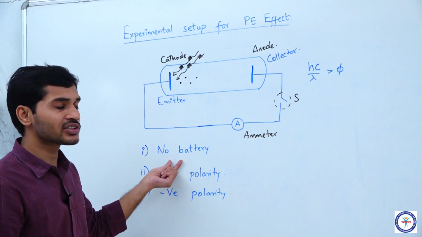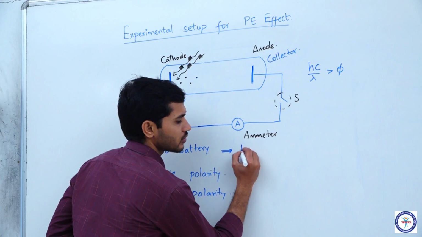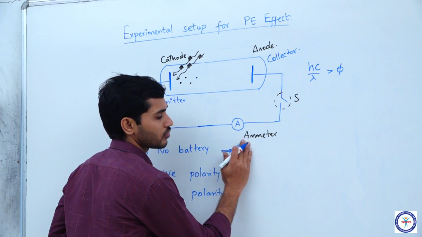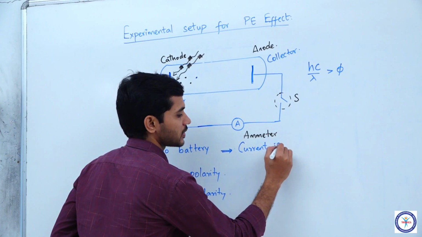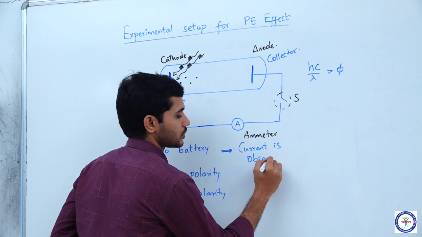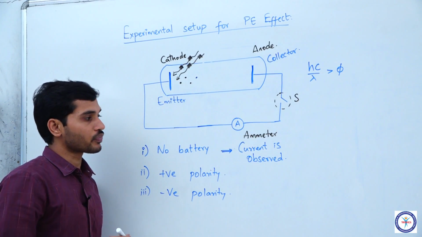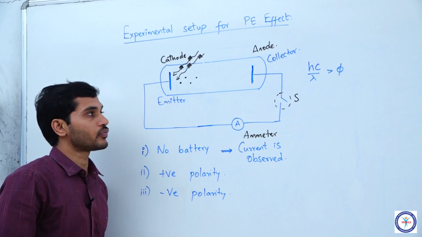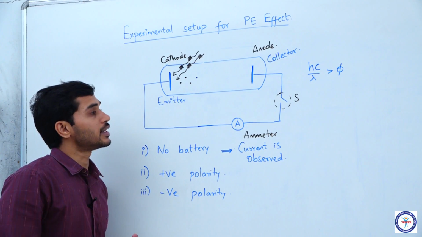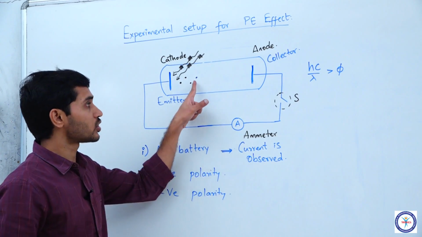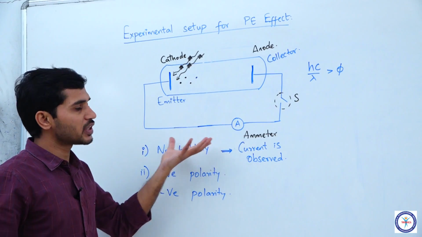Keep in mind that even in the case where there is no battery, we can observe some current flowing in the circuit. The current is observed, and that current in this circuit is what we call photocurrent. The reason we call it photocurrent is that it arises because of the flow of electrons which are generated by the light, and it has nothing to do with the battery.